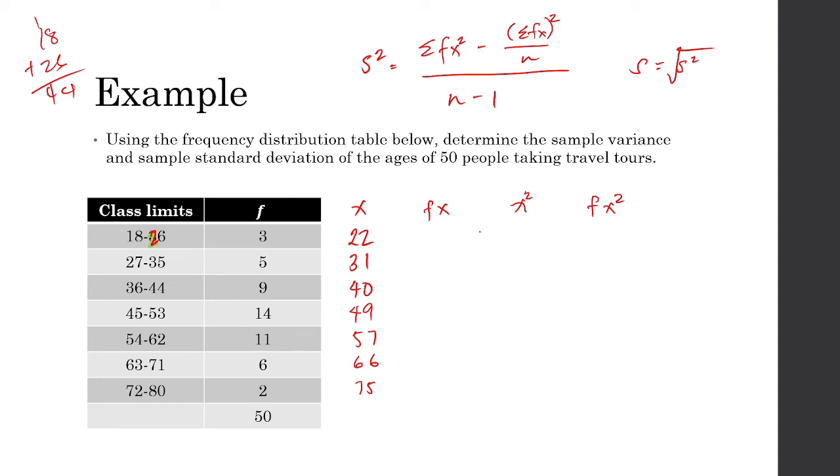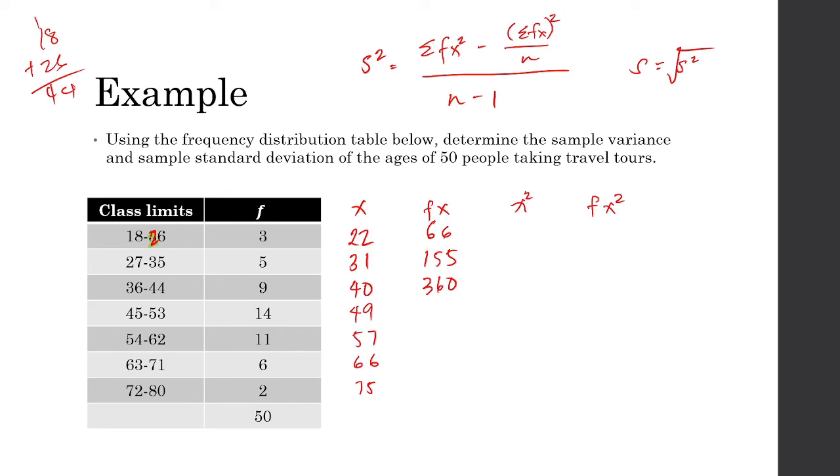Then you just need to get the fx. So 3 times 22, that will be 66. 5 times 31, that will be 155. Check nga class. Then you have 9 times 40, that will be 360.